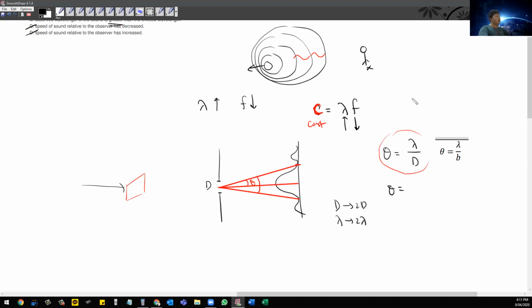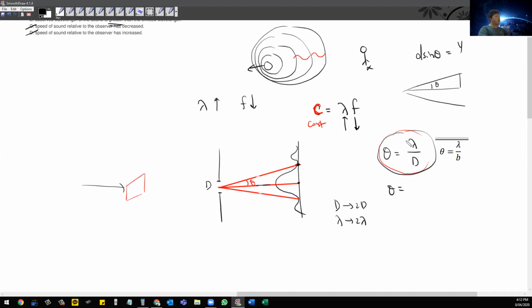Hold on, I think the formula for the single slit is, let me just work it out, d sine theta is equal to lambda. I think that angle is just this one here, not the entire thing. So it's the angle from the central maximum to the first minimum.